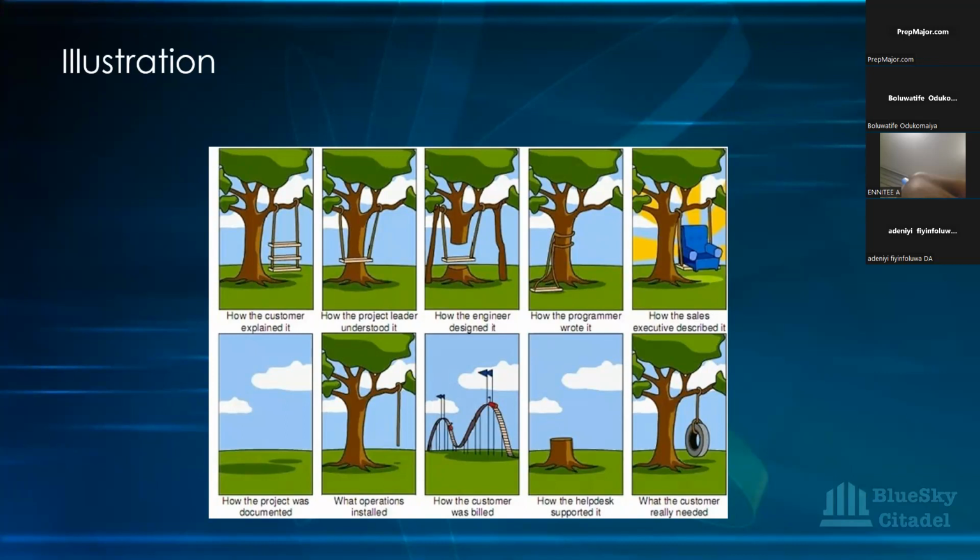The third one is how the engineer designed the product, how the programmer wrote the product, how the sales executive described it, how the project was documented, what operations installed, how the customer was billed, how the help desk supported, and what the customer really needed.